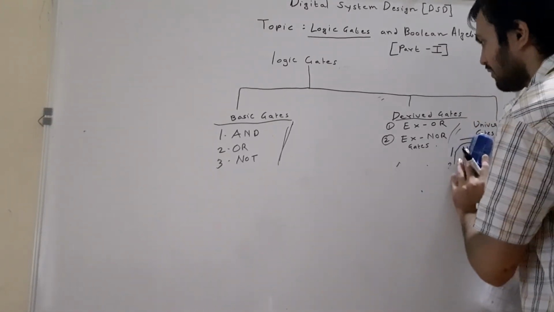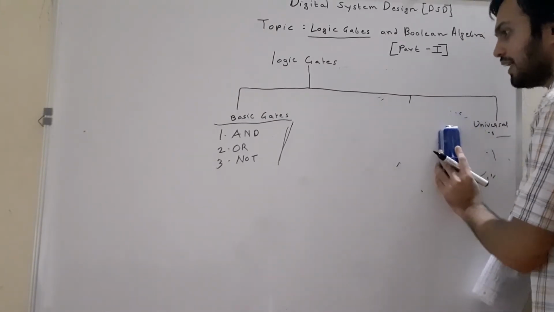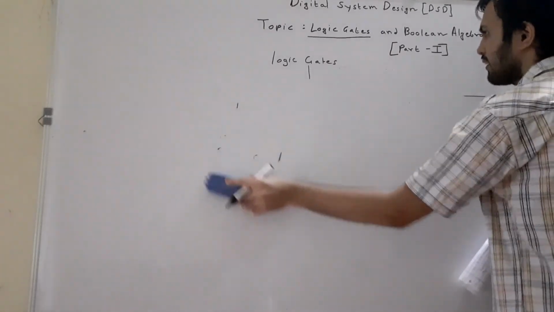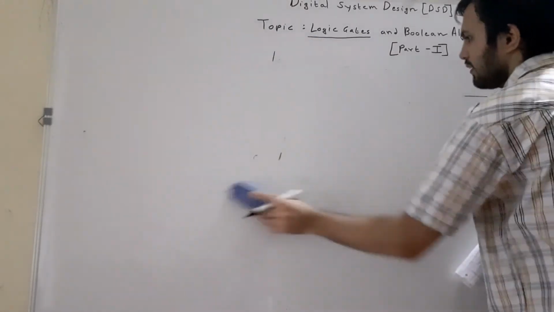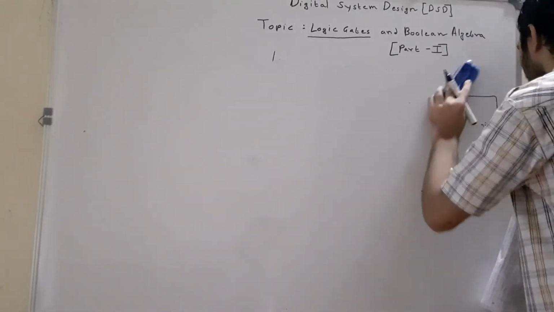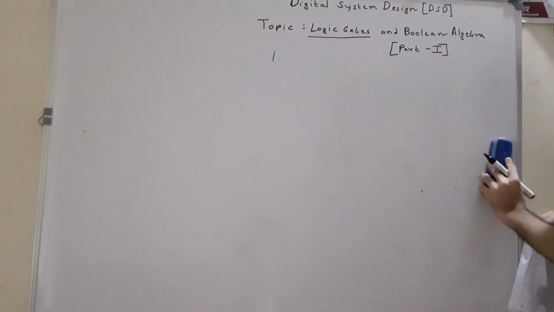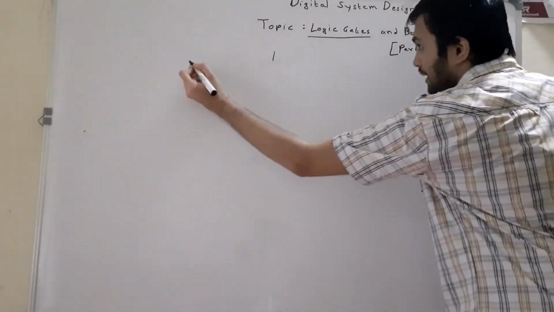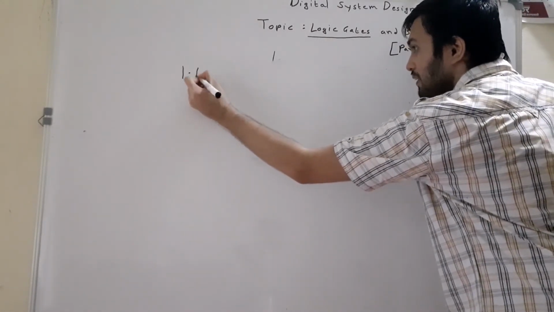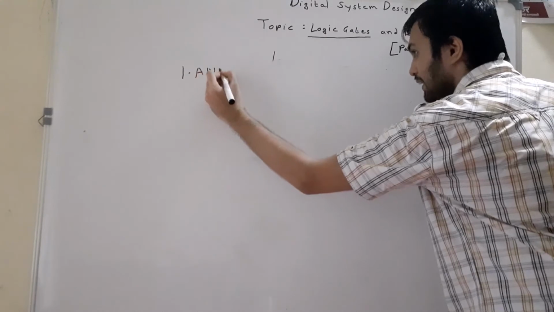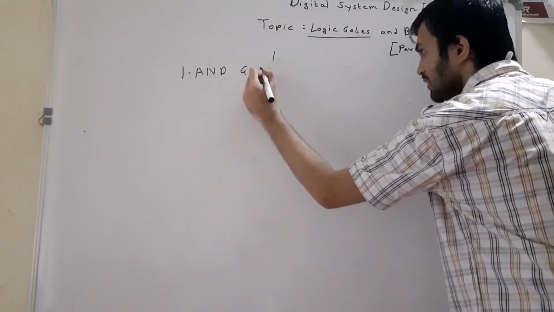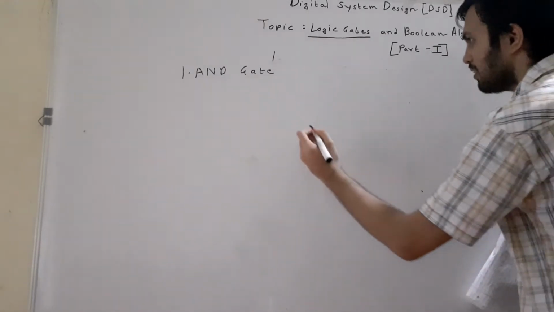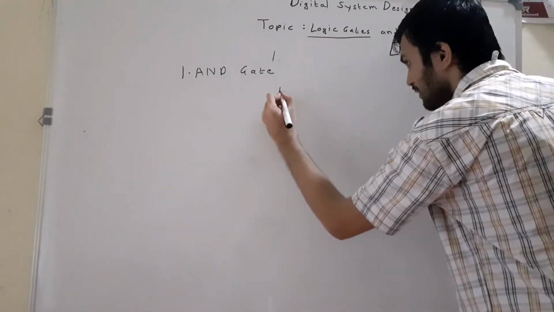So let us study different types of logic gates, starting with basic gates. We will start with AND gate first. So of the basic gates, we are going to study AND gate. First we will understand the symbol of the logic gate.